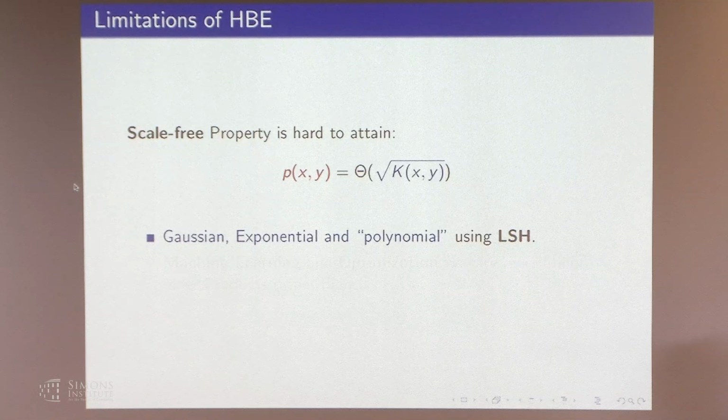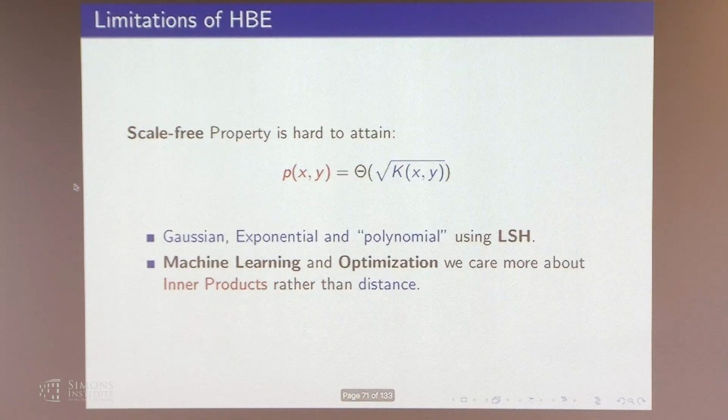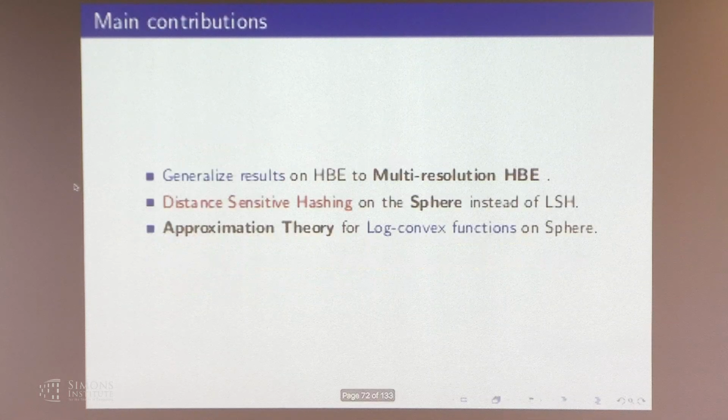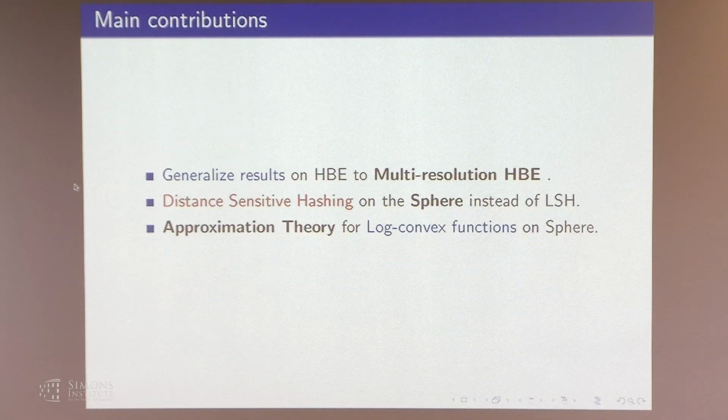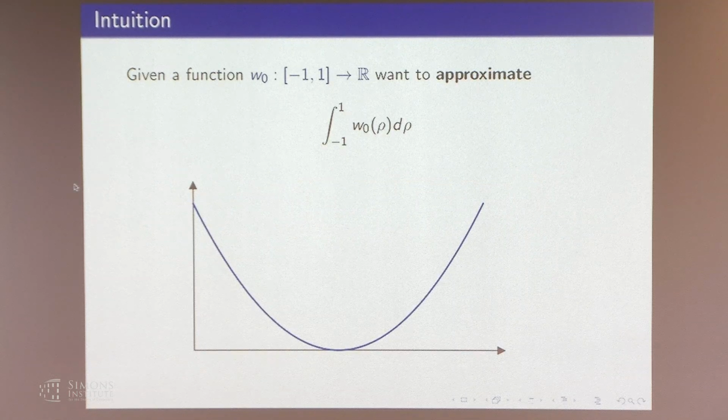Okay, this is actually a very hard thing to do in general. I mean, if you give me an arbitrary function e to the power of phi in a product of x and y, I don't know how to do this. Okay, in fact, I could do this exactly for the Gaussian, exponential, and polynomial families. I don't know how to do this for other ones. Okay.